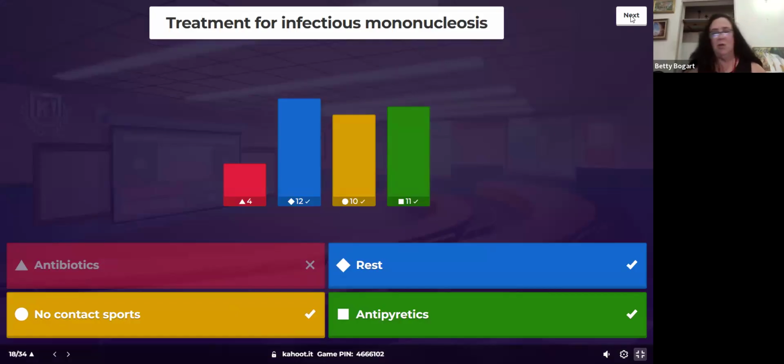No antibiotics are required. Remember, with a virus, what do we do? Symptomatic treatment. Rest, fluids, antipyretics. And the big thing with mono is please take care of that belly. You might have a swollen lymph gland, the spleen, or the liver, and with abdominal pressure, it could burst. And like my little boy, you could die.